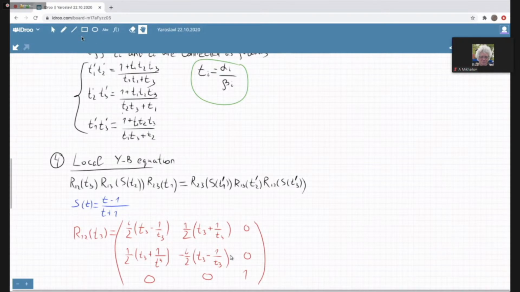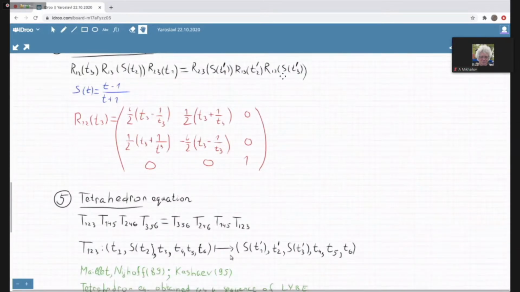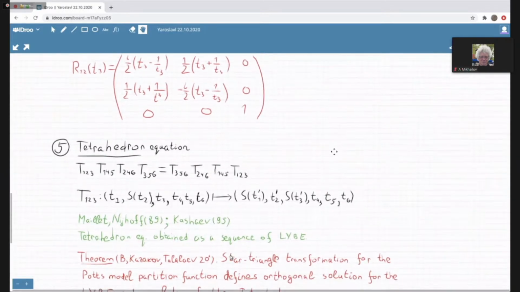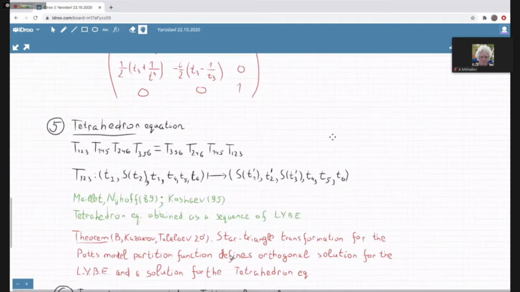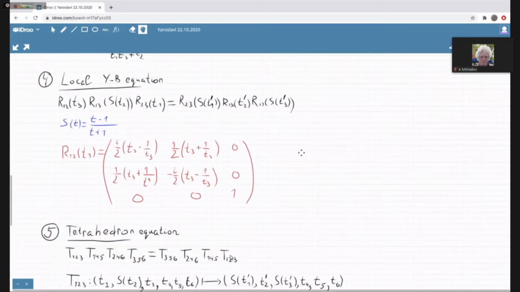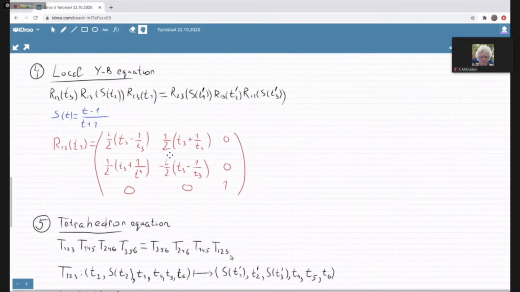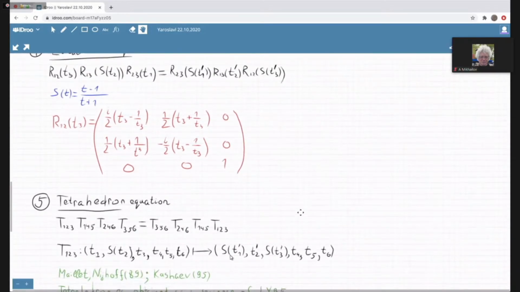So these two statements, this one and this one, you could more or less check somehow, and it's not quite a new result. These results are maybe due to Kashaev and maybe Korepanov, but what is new in this area is that there was a hypothesis by Kashaev that this parameter changing defines not only a solution of the local Yang-Baxter equation, but also a solution of the tetrahedron equation.